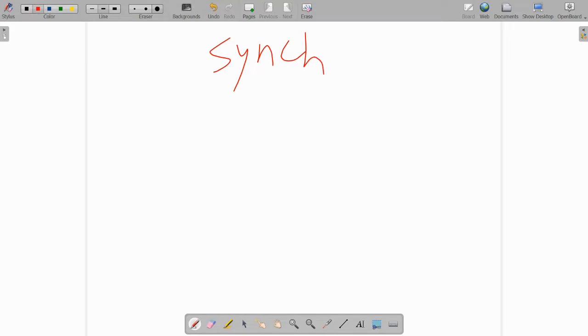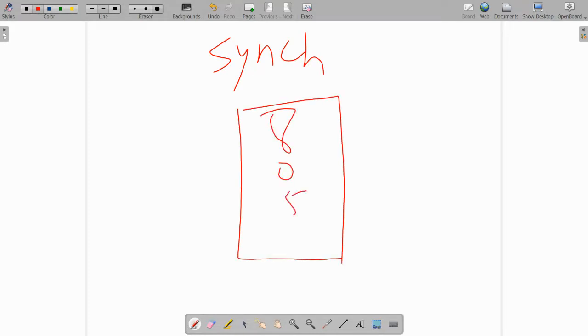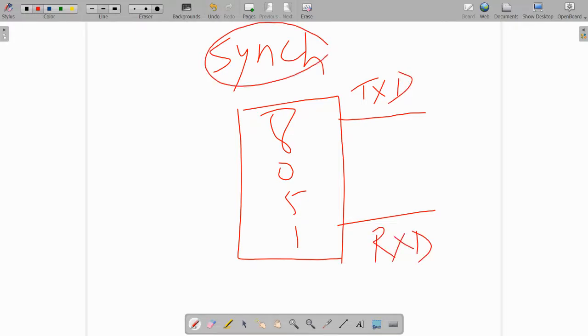So what is the scenario? Your 8051, please try to understand the concept, this is important. You have two pins, one is called TXD and the other is called RxD. Under synchronization, both the transmitter and receiver should have the same clock, or else there should be a synchronization.